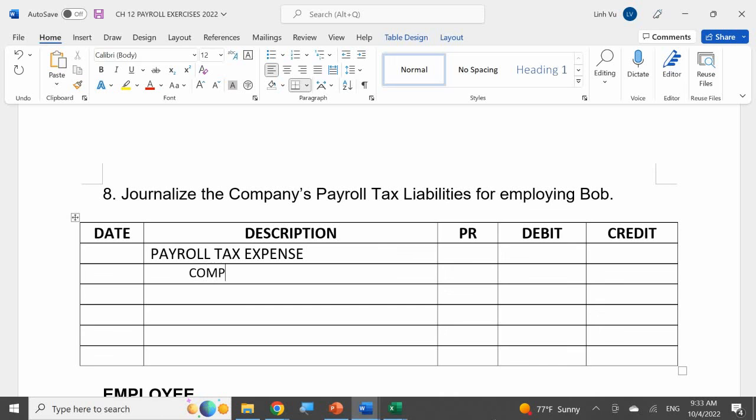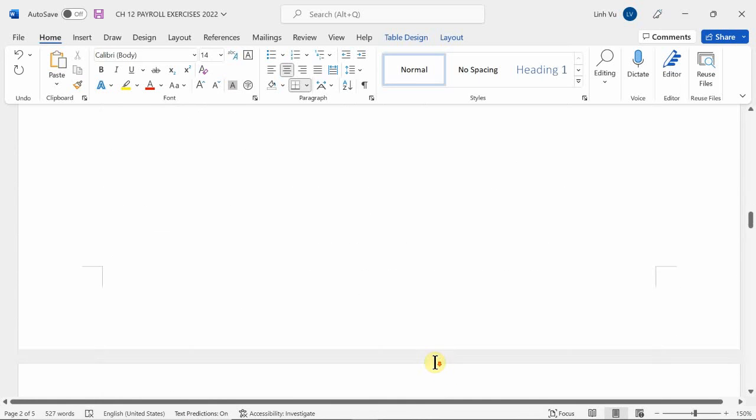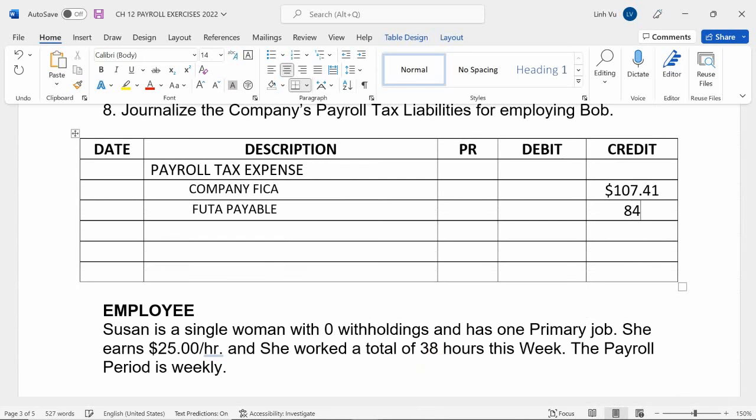Good. Which was a total of 107.41. Okay. What's after that? FUTA payable. Okay. For a total of $84.24.